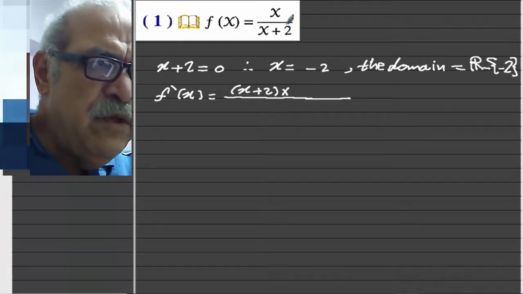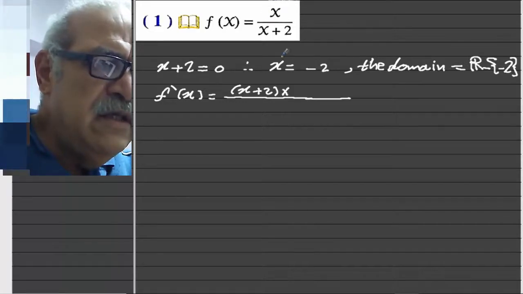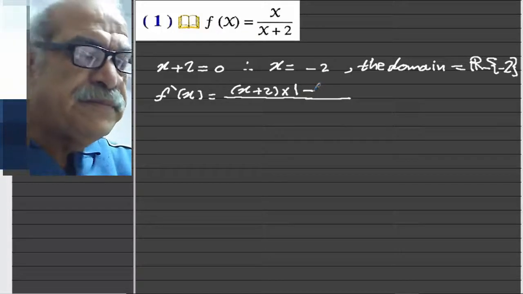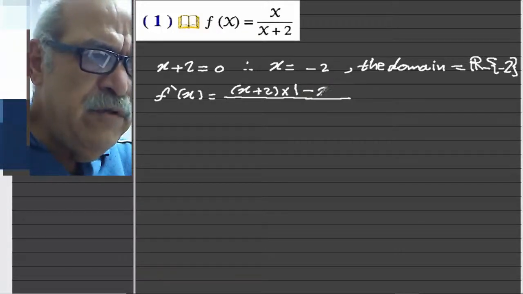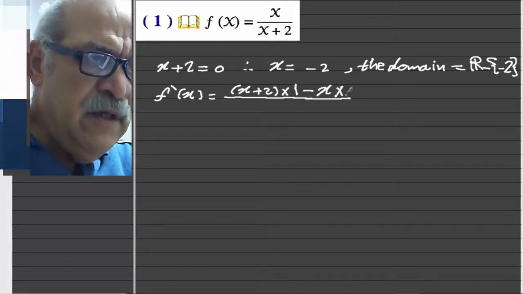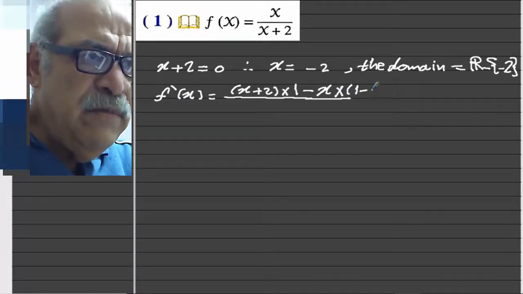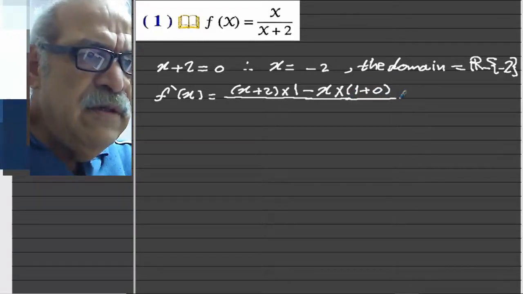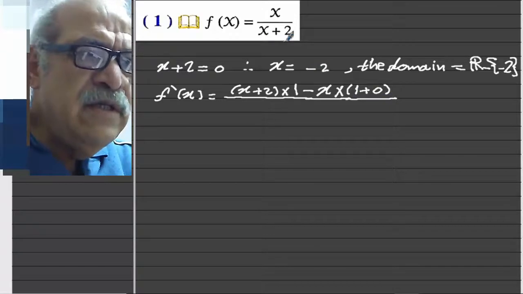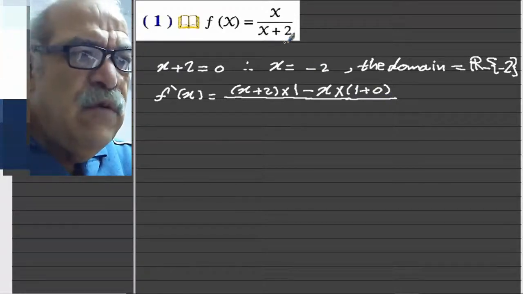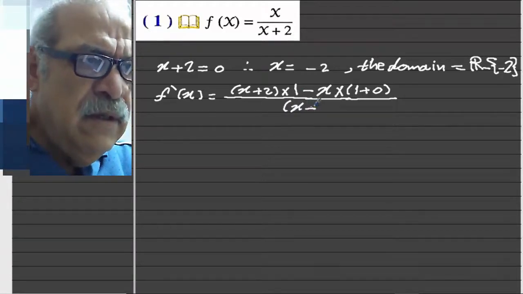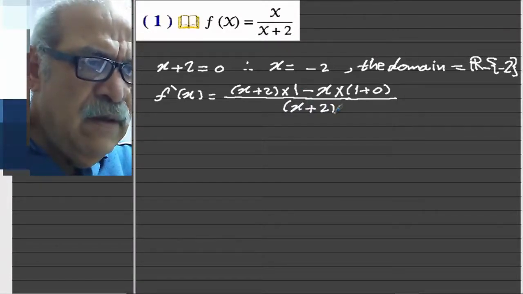Here we have the numerator equals x, its derivative equals 1, minus the numerator x multiply the derivative of denominator, which equal 1 plus 0, because the derivative of x is 1 and the derivative of 2 equals 0, all over x plus 2 all power 2.